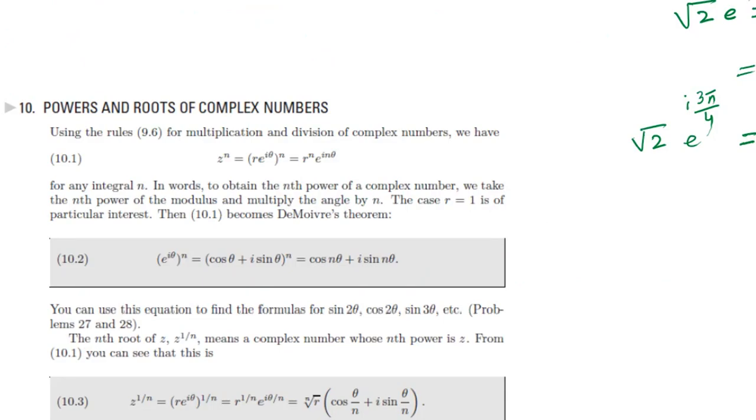Moving on, what we are going to learn next is the power and the root of a complex number.